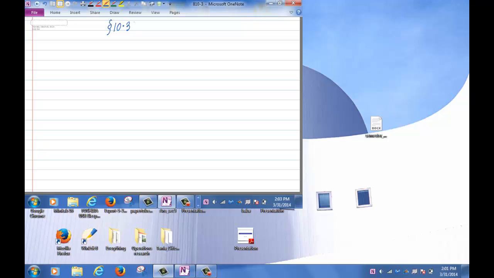Okay, so here's 10.3, and this is on polar coordinates.